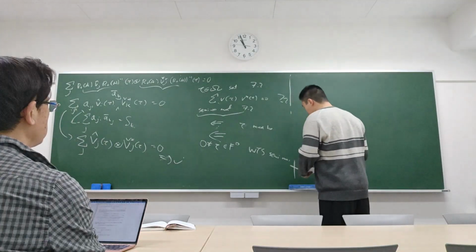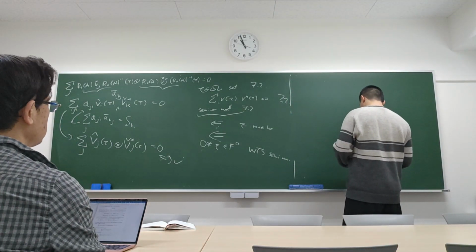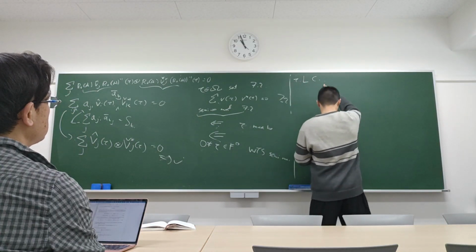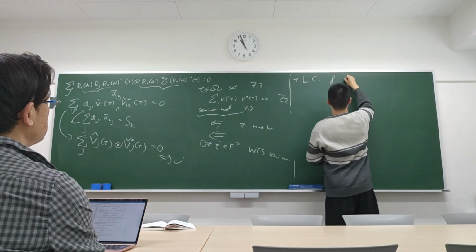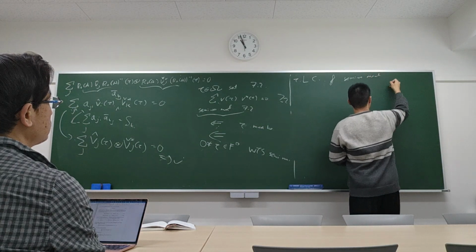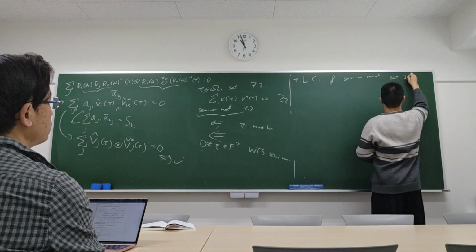But a priori, we do not know whether it is a semi-infinite monomial. All we know is that tau must be a linear combination of semi-infinite monomials that satisfies 7.2.